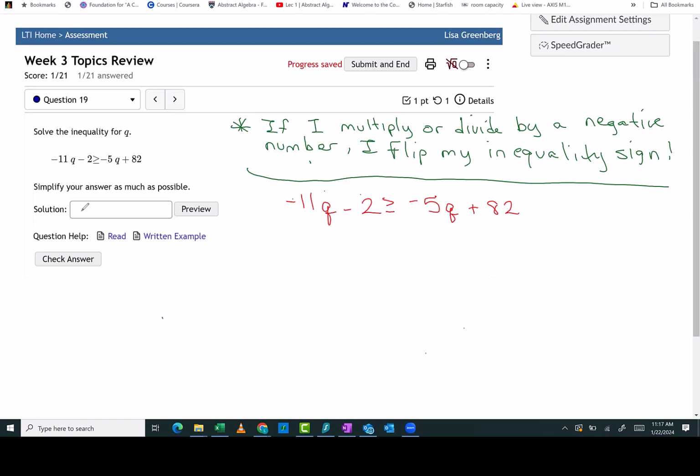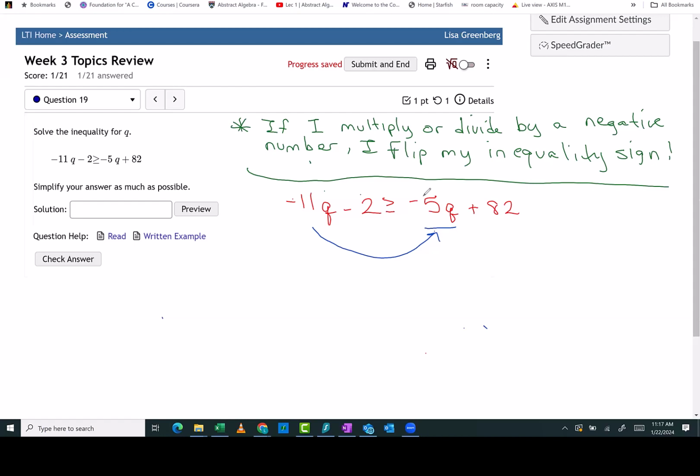If I take this 5q and I want to move it to this side of the inequality, I'm still going to have a negative number on the left. If I do it the opposite way and I take this negative 11q and I move it to the right, I'm going to get a positive value.